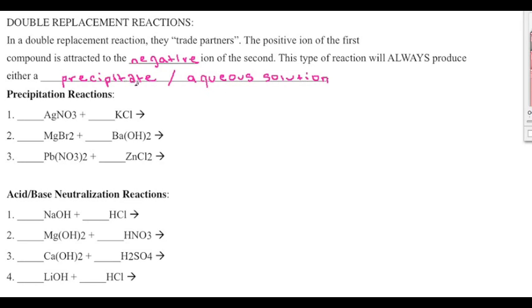Alrighty, so let's look at a couple examples. There are two different types of double replacement reaction, but to be honest, I don't even like dividing them into two because you do the exact same thing for each type of reaction. Since the positive of one is going to combine with the negative of the other, I like to call it innies and outies.